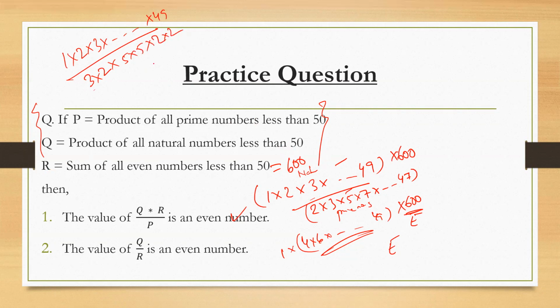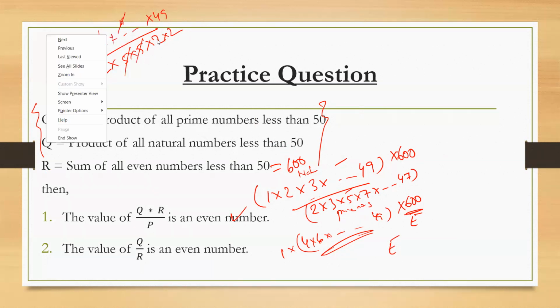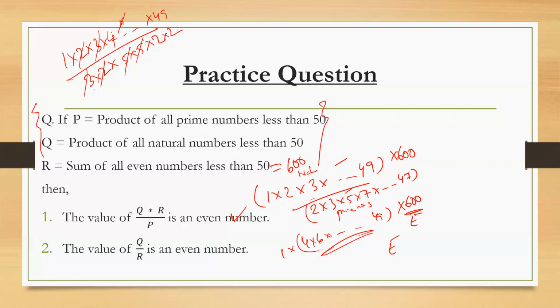These are the factors, right? So you can eliminate this. 25 you will have somewhere in the middle, you can eliminate that also. And 4 also you can eliminate, because the next element is 4.